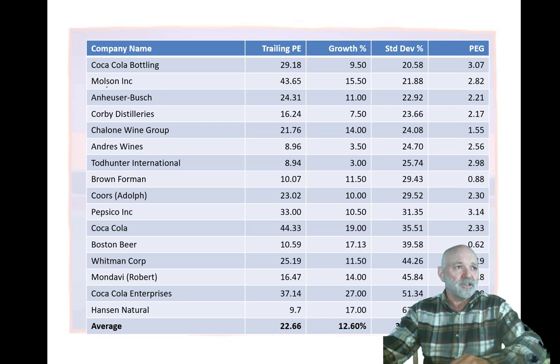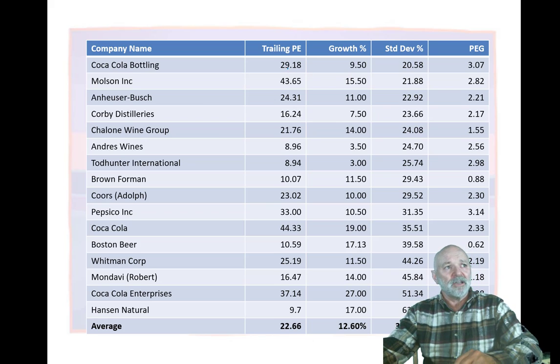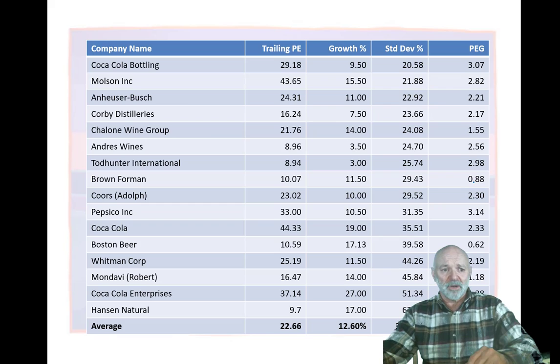We have information here. We have a trailing price earnings ratio. We have growth. We have 29 times price earnings, and we have 9.5% growth. 29 divided by 9.5 gives us a PEG ratio of 3. That's pretty high. In fact, when we compare it to some of these others, PepsiCo is a little bit higher, and Todd Hunter International is also pretty high.